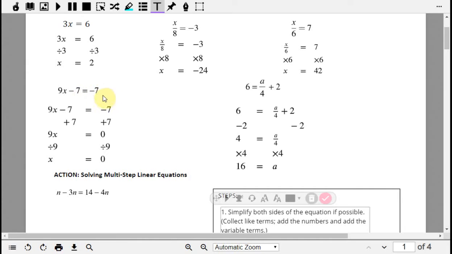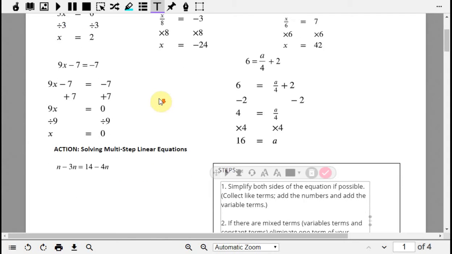Whatever you have on this side isolated already by itself, that's what you're getting rid of on the other side. Or we could say that if you have a particular type of term by itself on one side, then you want to get the other type of term by itself. So in this case, we had a numeric or constant by itself. So we want to get the variable term by itself on this side.